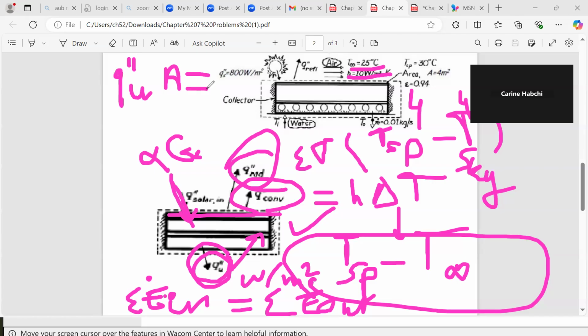It should be equal to what? This useful heat is used to do what? To heat water. So it's equal to m dot Cp times delta T. And in this problem, they are asking me to find the value of delta T.